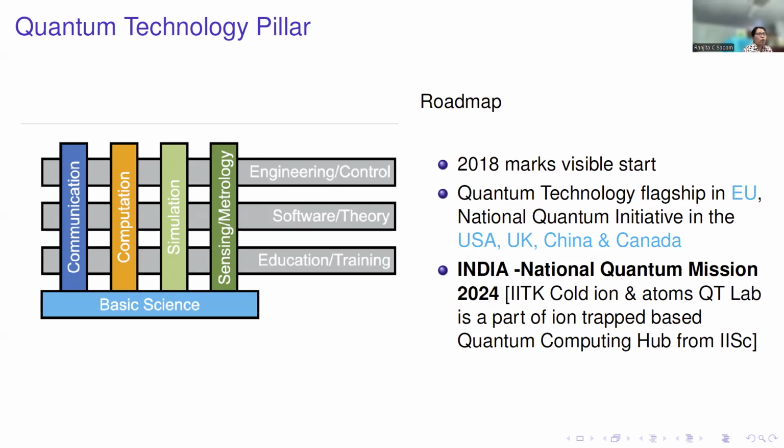It started in 2018 in other countries, and the Indian government started this National Quantum Mission, and by the end of 2024, or say early 2025, the mission has started and money started to flow to the research labs. It hasn't reached us yet, but they have sanctioned the money. It will be coming soon. So we are just starting here in India.